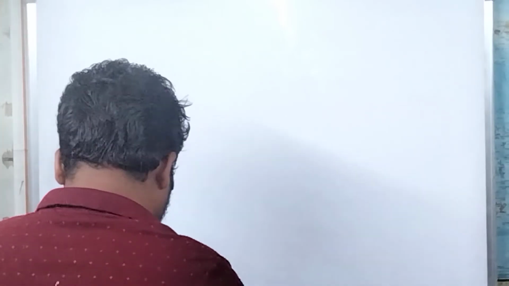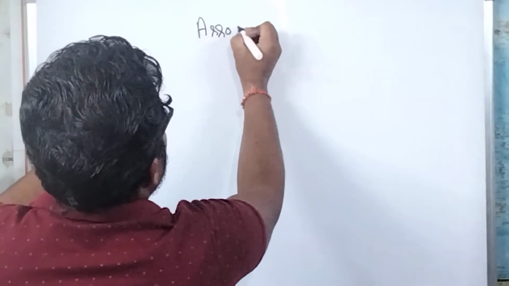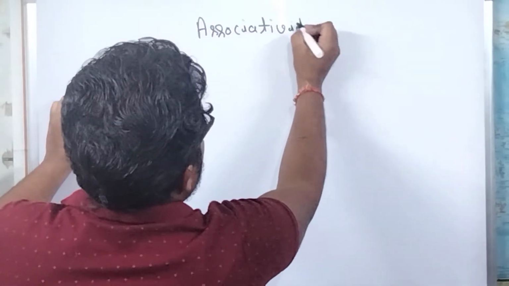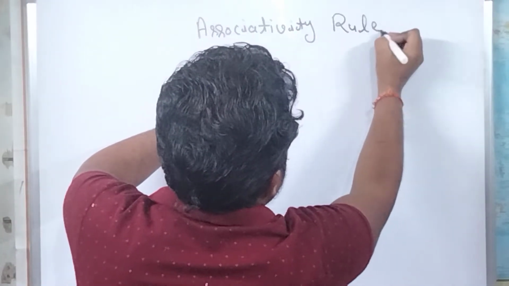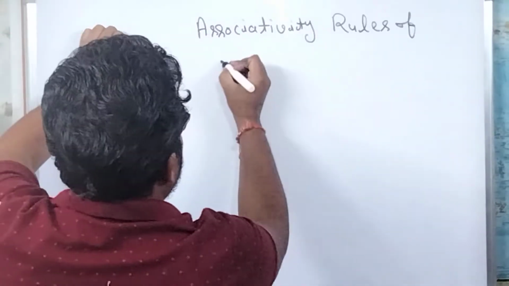And here we see the associativity rules of addition and multiplication.